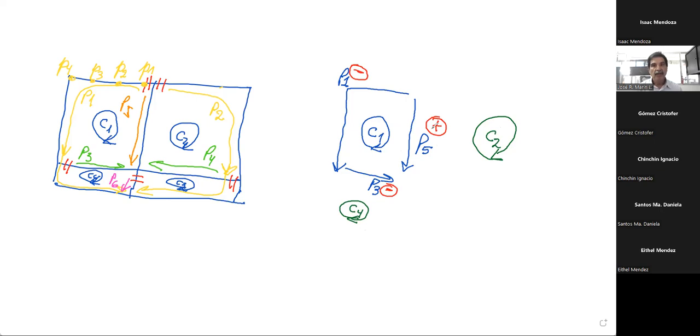So you need to include this path to define C1, but you need to tell the program that you have an adjacent cell, cell 2, that you share the path 5, and since the path 5 goes downward and the cell 2 in this part goes upward, this P5 has to be considered as negative.